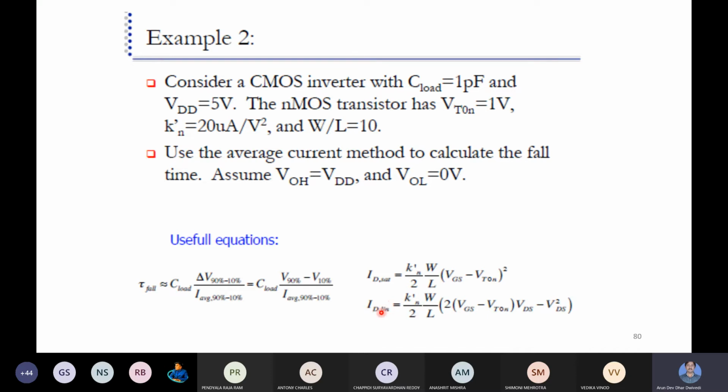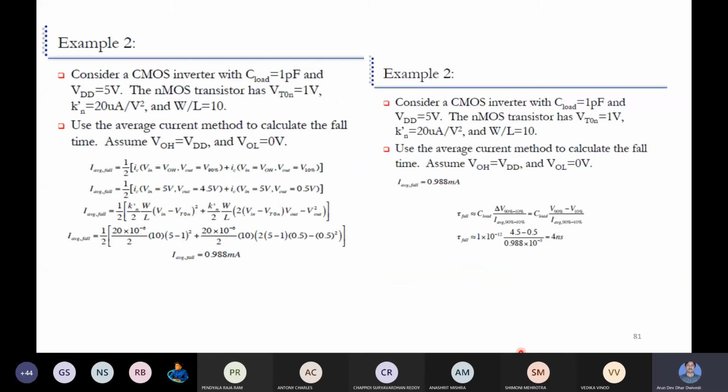At 90% we can use the saturation current equation, but at 10% it is much below VDD minus VTN. So the linear equation can be used: Kn dash by 2 W by L [2(VGS minus VT0)VDS minus VDS whole square]. This one we are going to apply.